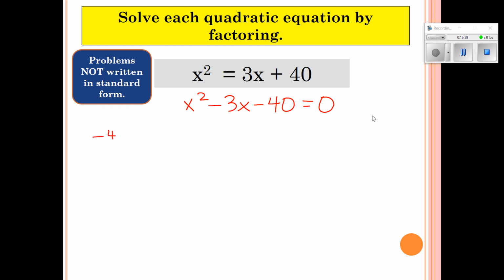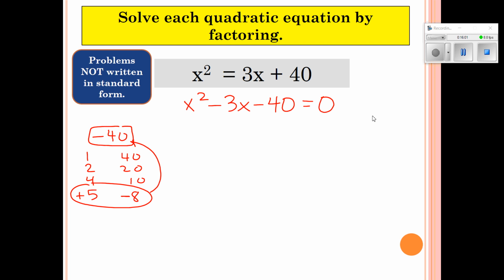So I have to think what factors are there for negative 40 that would make a negative 3. Well, we have 1 and 40, 2 and 20, we have 4 and 10, and we have 5 and 8. Ooh, this has possibilities. What if we used a negative 8 and a positive 5? That multiplies to get a negative 40 and adds to get a negative 3.